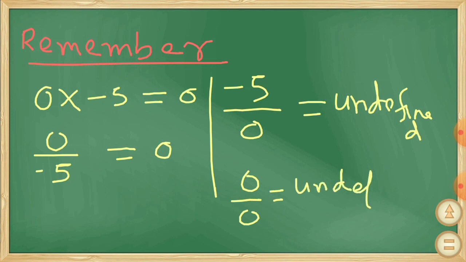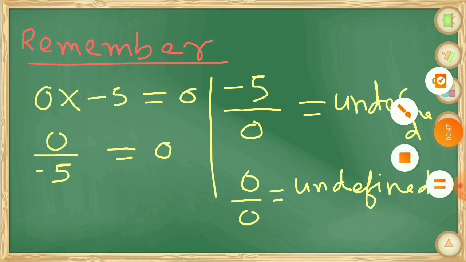So minus 5 by 0 in this case is undefined. Sometimes we call it infinity. Similarly, if you divide 0 by 0, then that is also undefined. These are a few things that you should always remember. They can come in handy in later higher classes, and they always constitute some trick questions in the entrance exams.